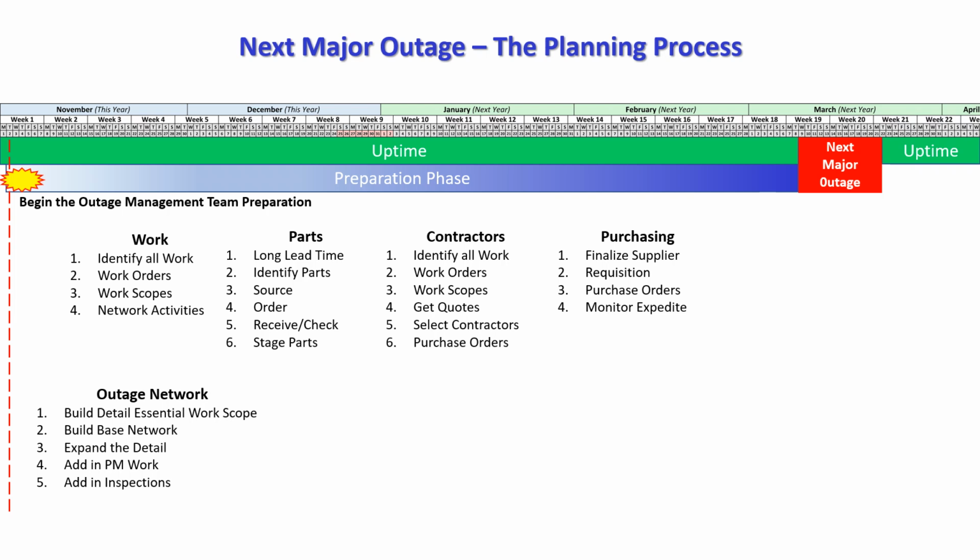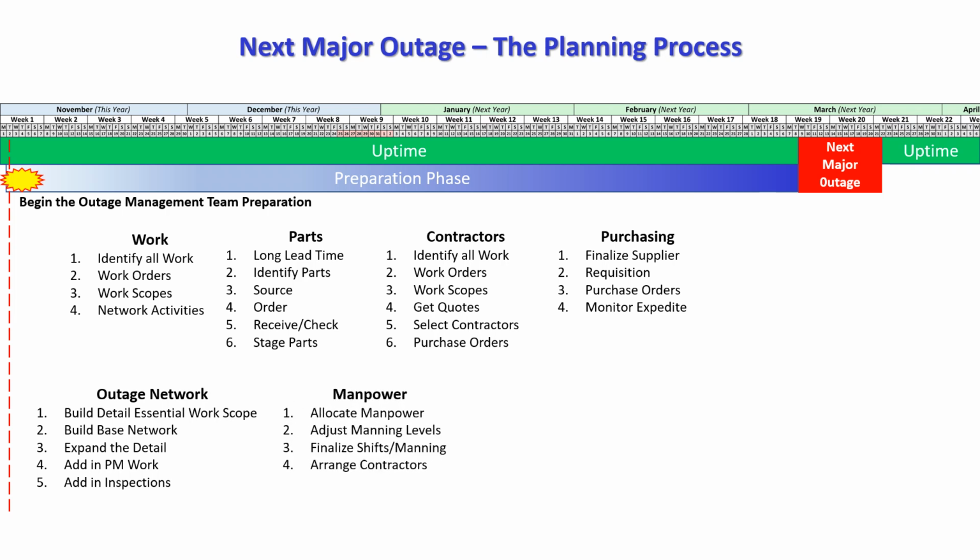After that, we can expand the detail in the base network to include all the other activities and work orders that are already in the CMMS. Then we add in all the plant maintenance work, and of course add in also any inspections that need to be done to the plant as soon as it goes down. These are inspections on things that we cannot do until such time as the equipment is down or opened up.